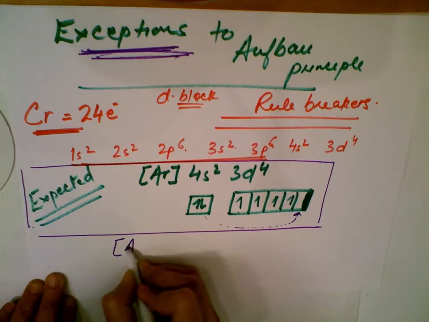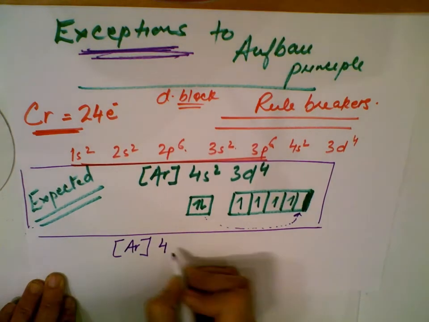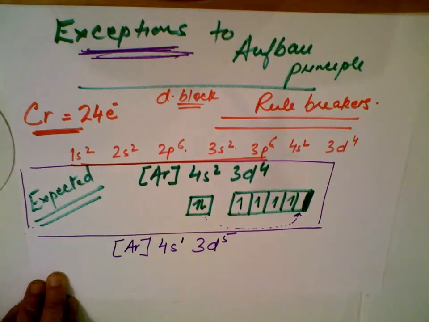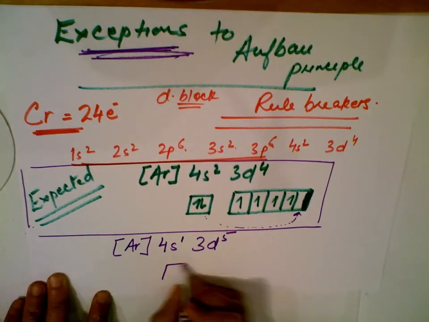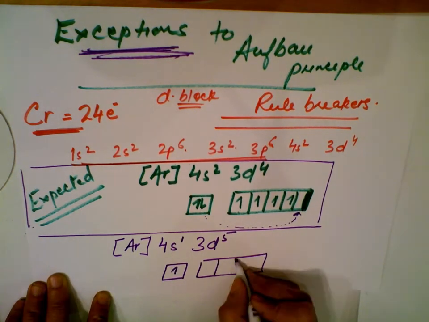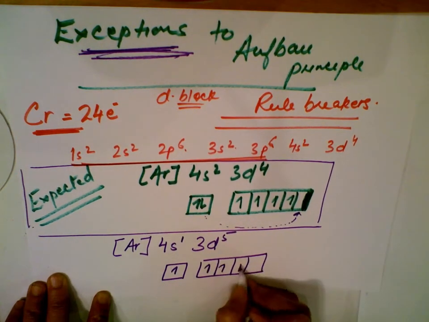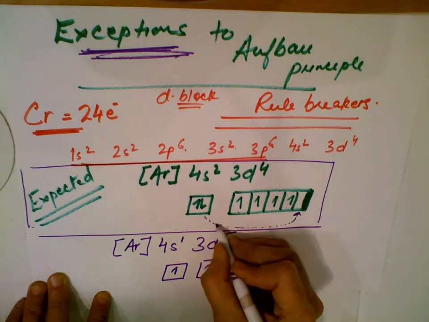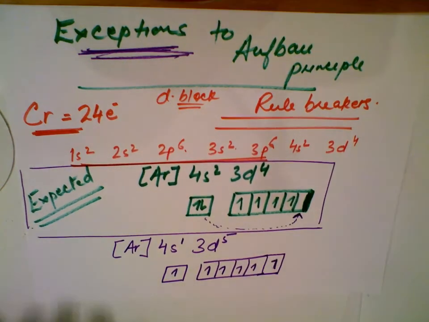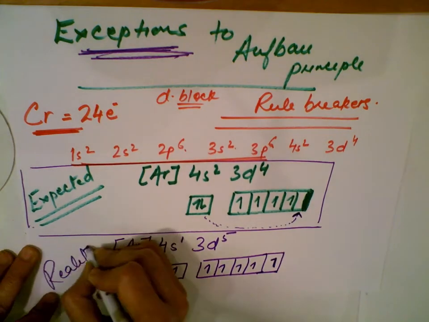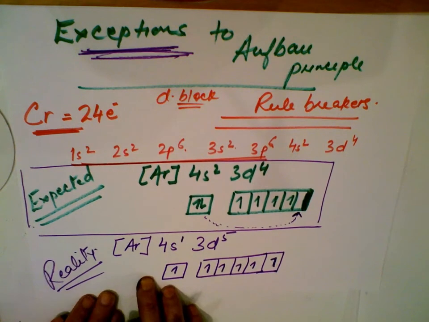You will have instead 4s1 3d5. One, two, three, 4, and then 5. So this electron from here moves over here. So this is the reality. In actual, this one is the electron configuration.